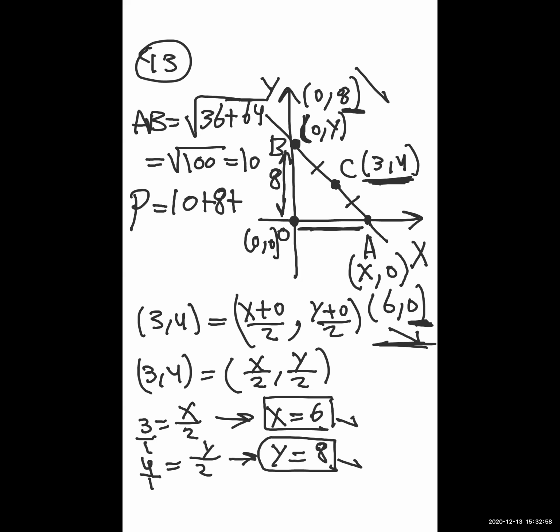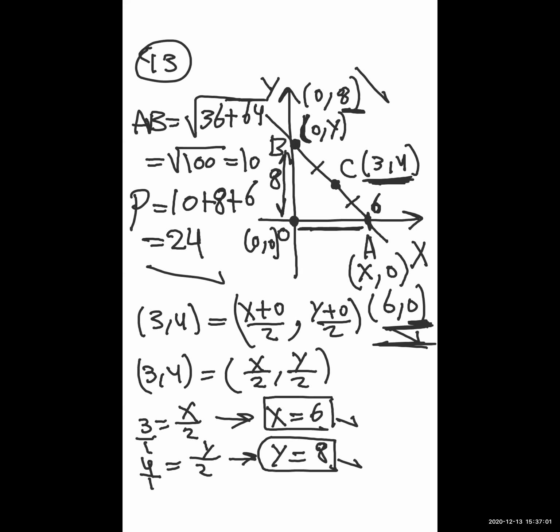Point A here is (6, 0), so the coordinate on x means 6 here. So plus 6. It will equal 10 plus 8 plus 6, which equals 24. So the perimeter will equal 24. Okay, guys, are we clear? Yes, Mister. Okay, great.